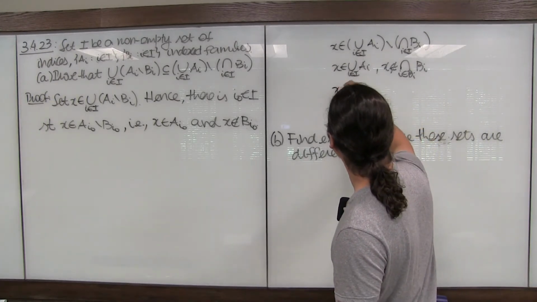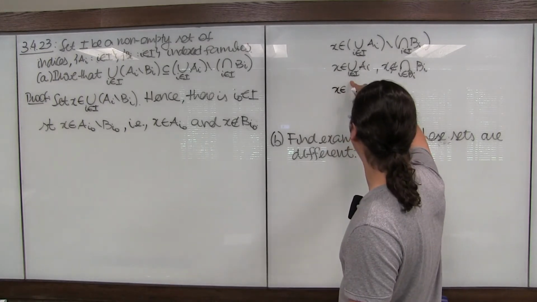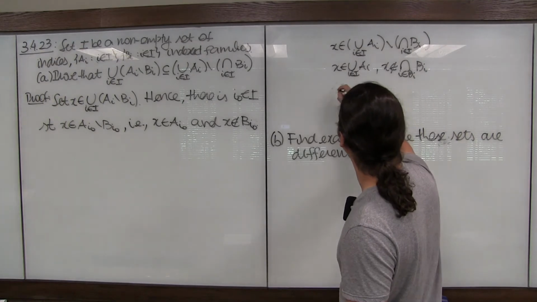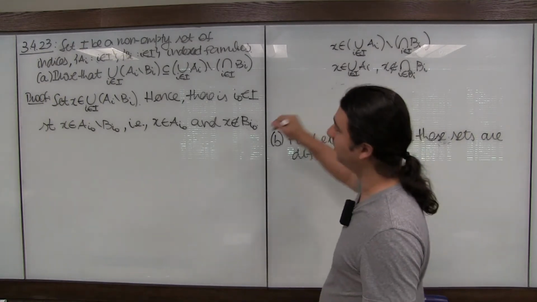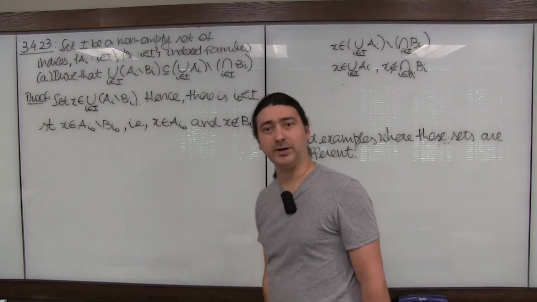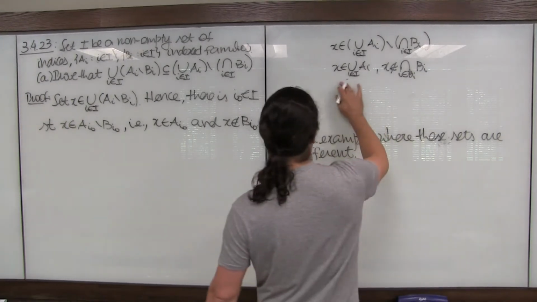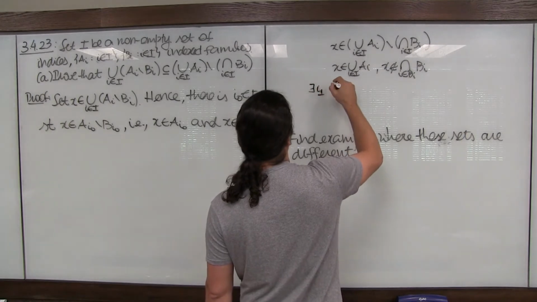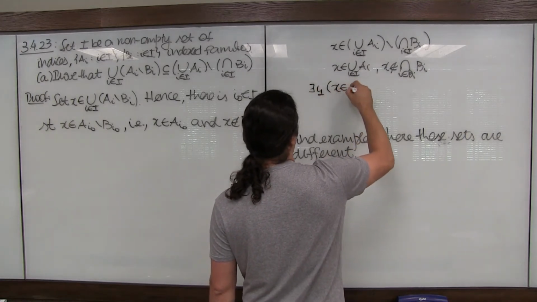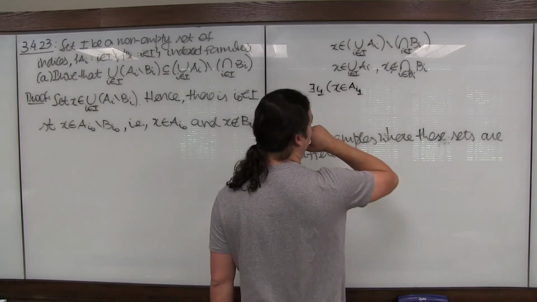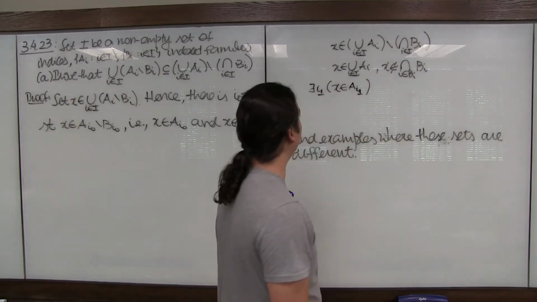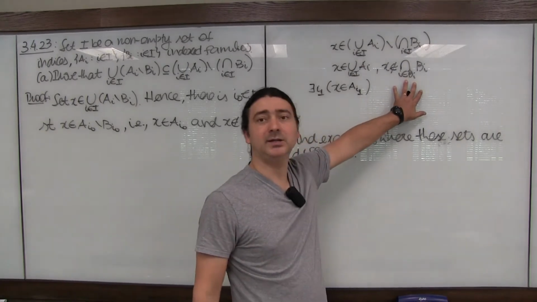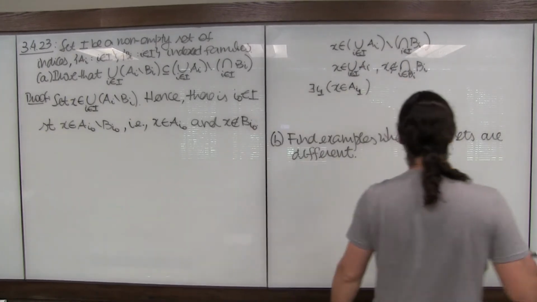So that means that there exists some I. And I should be careful because I don't know if it's I0 or not, so maybe I should call it something different. So there exists some I sub 1 such that x belongs to A sub I1. That is the first statement. And here I have a negation of x being in an intersection.